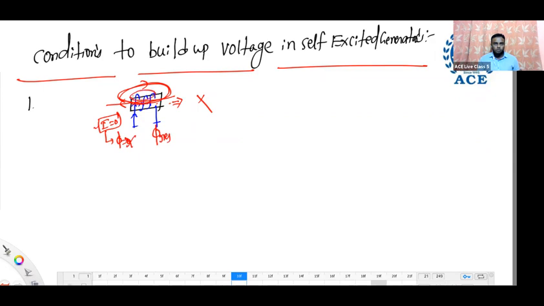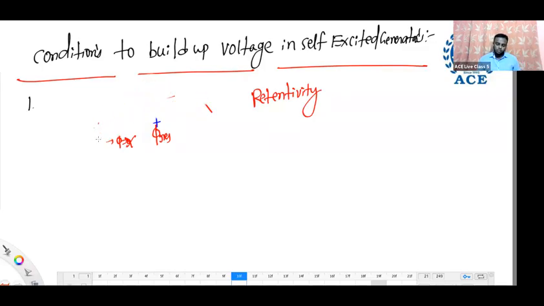This flux we call residual flux, and it is due to the property of retentivity of the material. Because of that, it will hold some lines. Even if field current is 0 in the winding, there will be some flux. That is called residual flux.